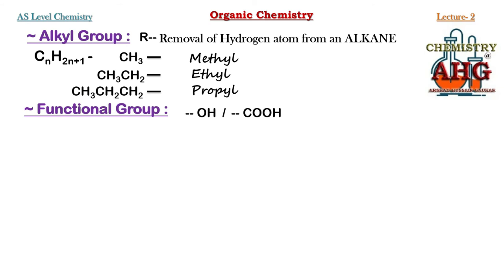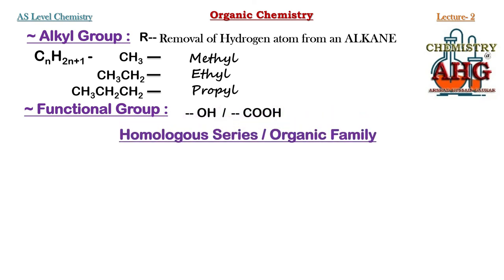Now, based on this information on alkyl groups and functional groups, I am going to present a list of the different homologous series, the different organic families that are in your AS syllabus. We will study these 5 homologous series in detail. In this list, you must remember the name of the homologous series, its general formula, and the functional group.